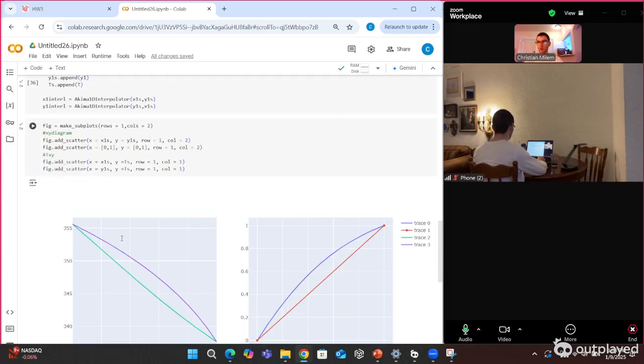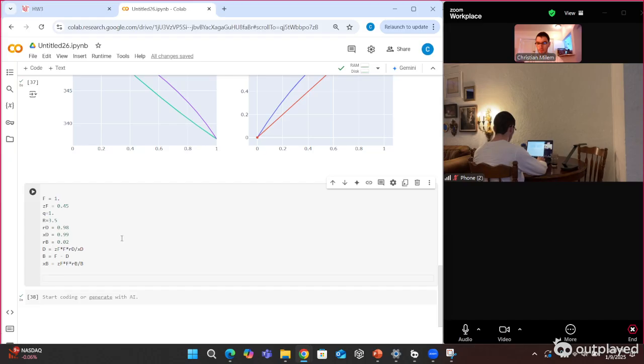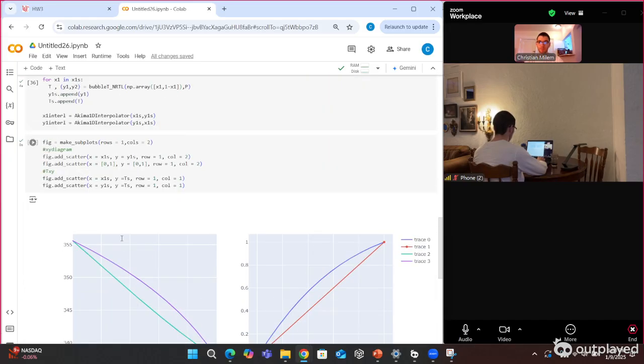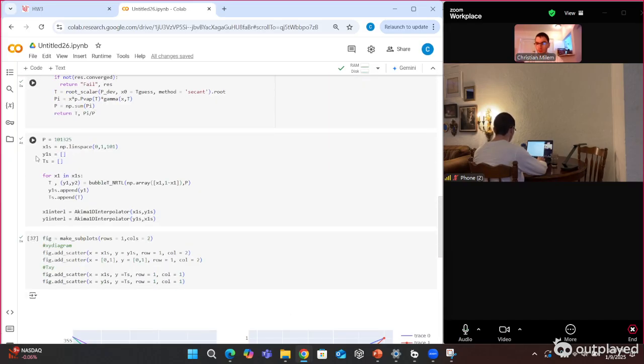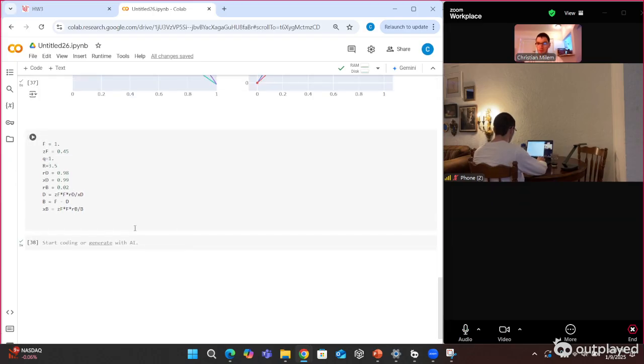Now we need arrays for our liquid and vapor enthalpy. That's going to be similar to what we did over here.